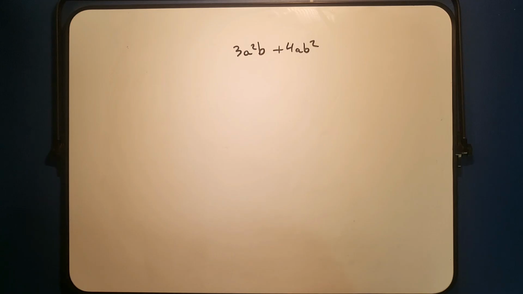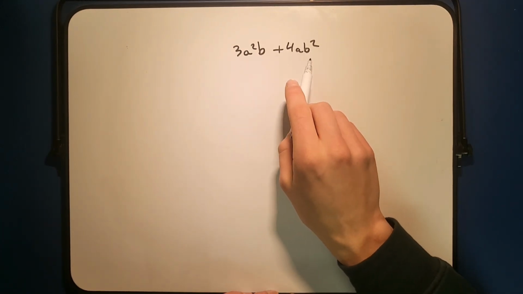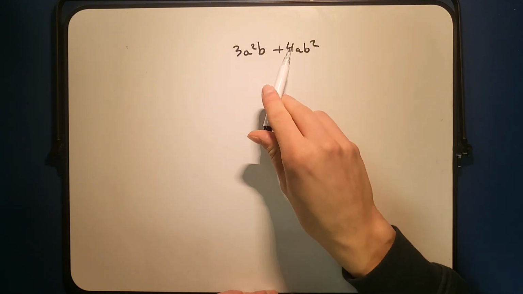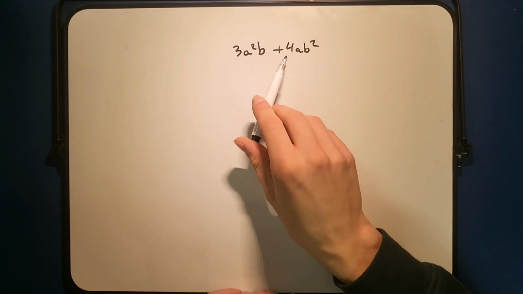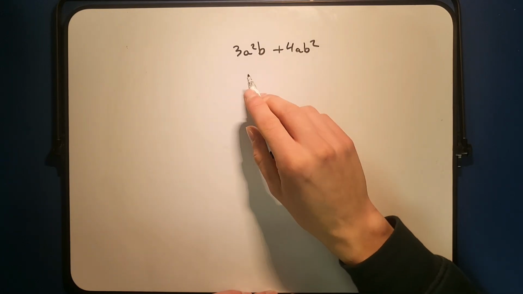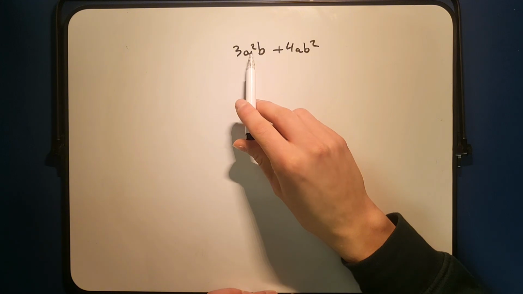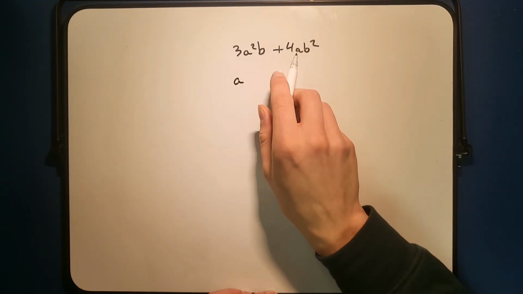Let's take a look at one more example. Here we have 3a squared b plus 4ab squared. Now, we're first going to take the highest common factor of 3 and 4, but in this case, there is no common factor between 3 and 4. So we're just going to skip over that term. So now it would be a squared and a, which would then be a as their highest common factor.